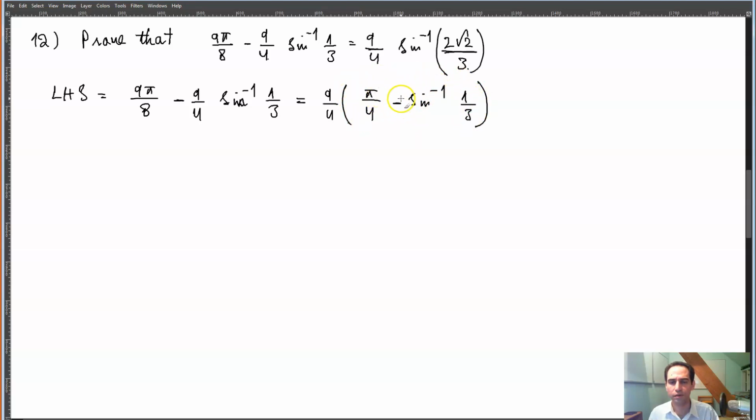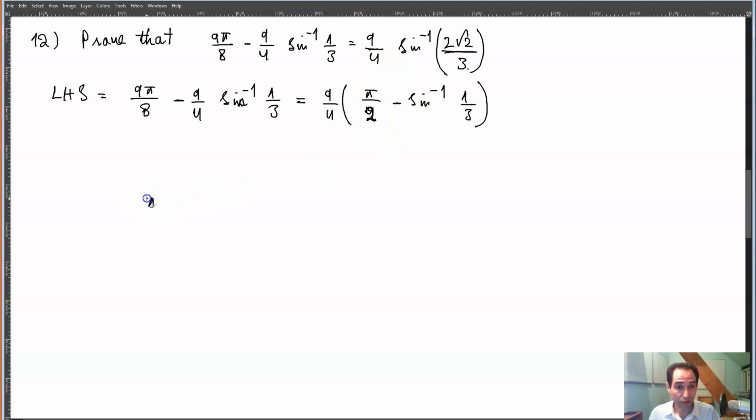1/3, it seems that you can write this as, that's supposed to be equal to pi divided by 2, because you have a 9 pi divided by 8, so this is pi divided by 2.